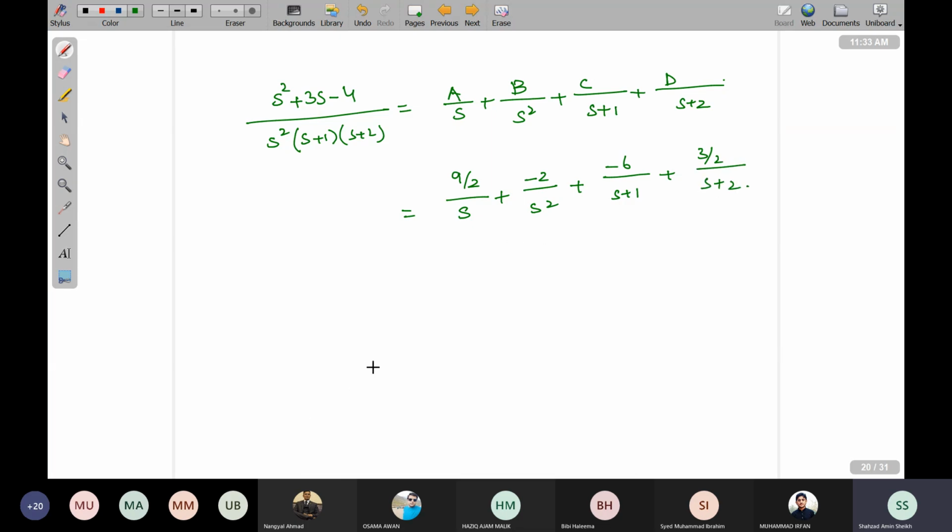So what is the natural component, forced response component?